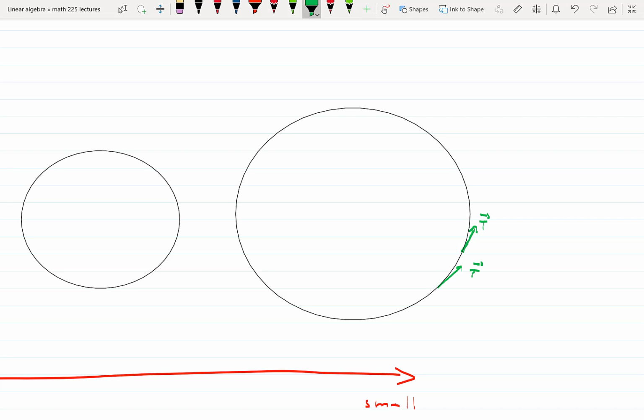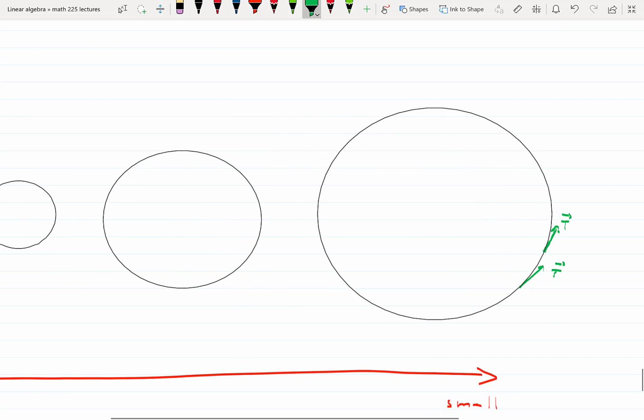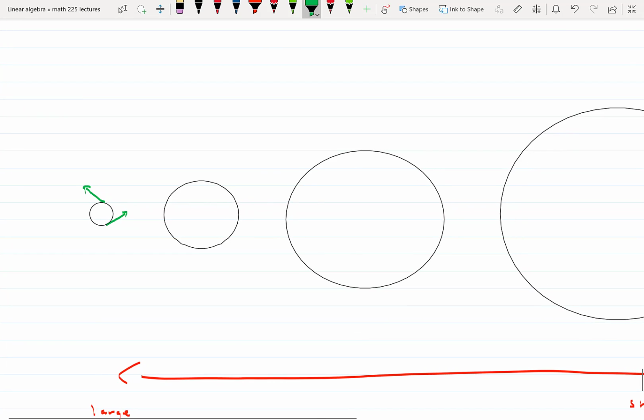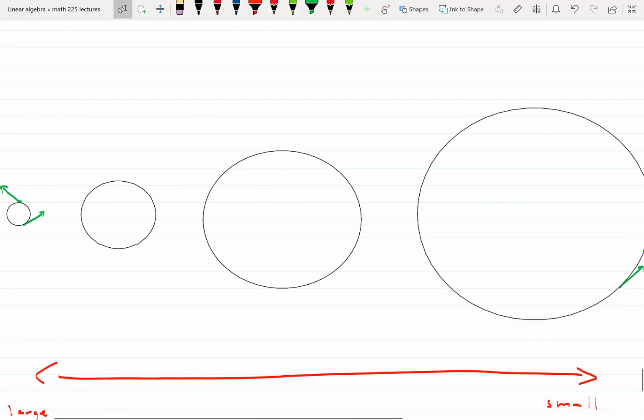So we expect the bigger the radius of the circle, the smaller the curvature, and vice versa. The smaller the radius of the circle, the bigger the curvature. What is the simplest function that does that?